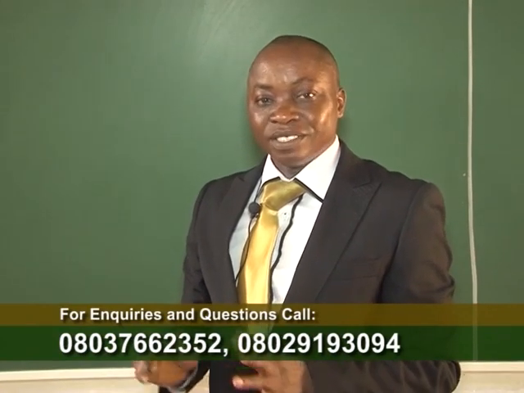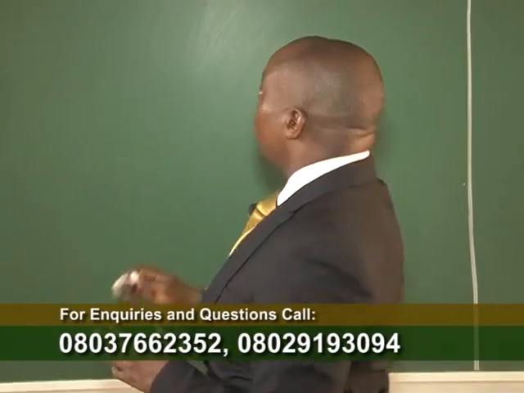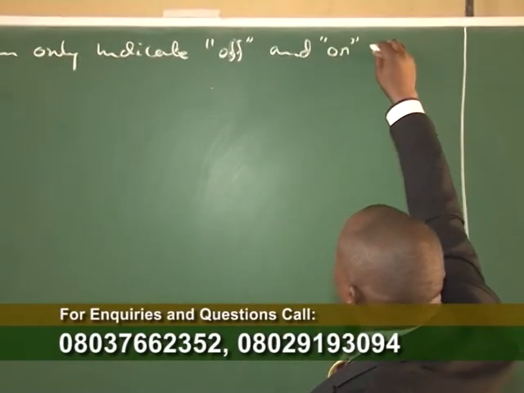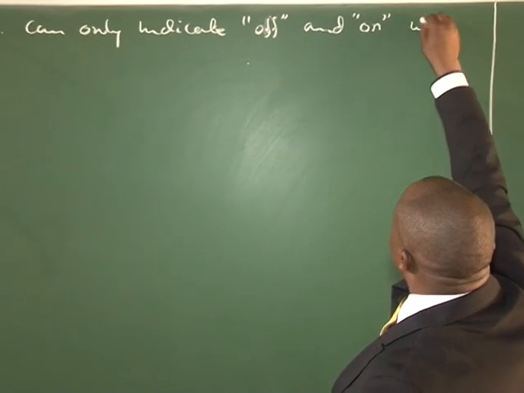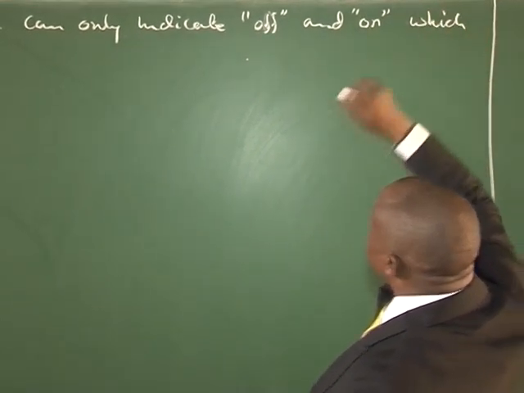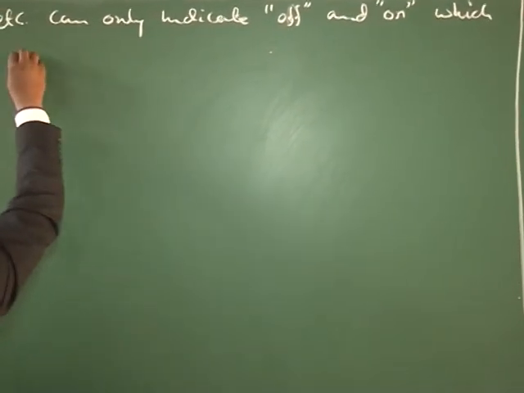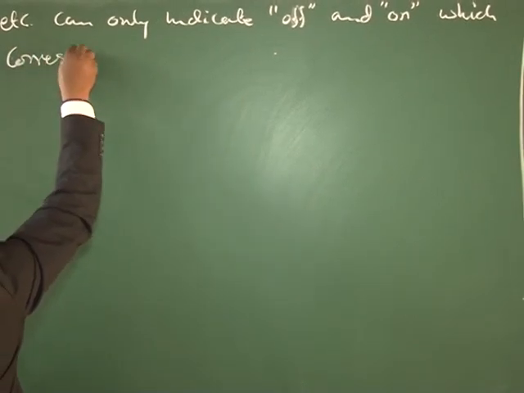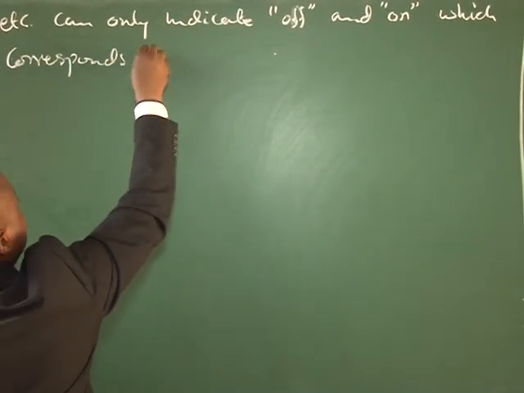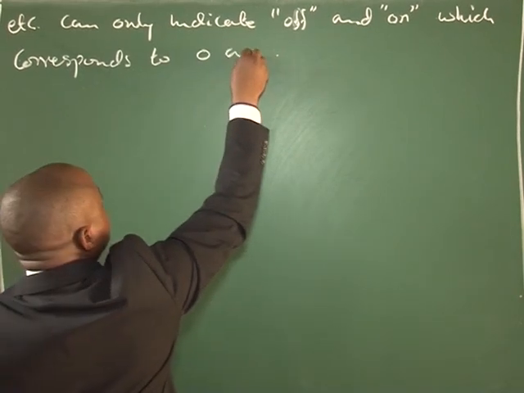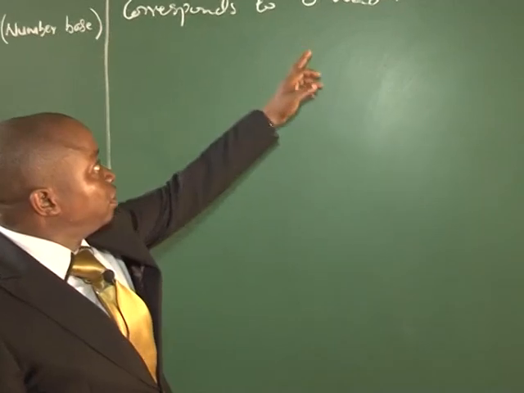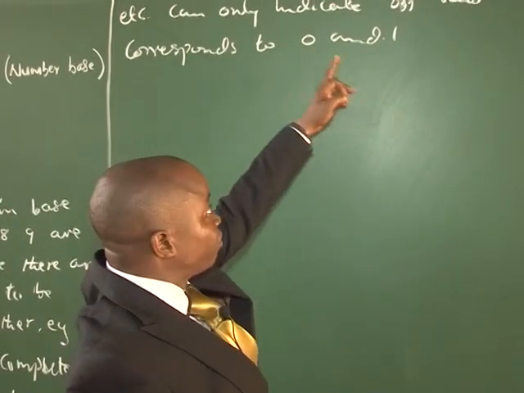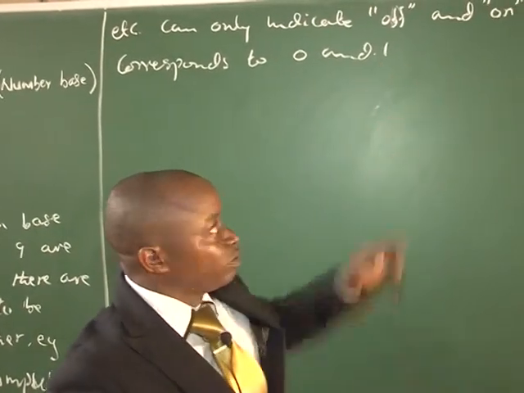They can only indicate off and on, which corresponds to 0 and 1 respectively. 0 for off, 1 for on.